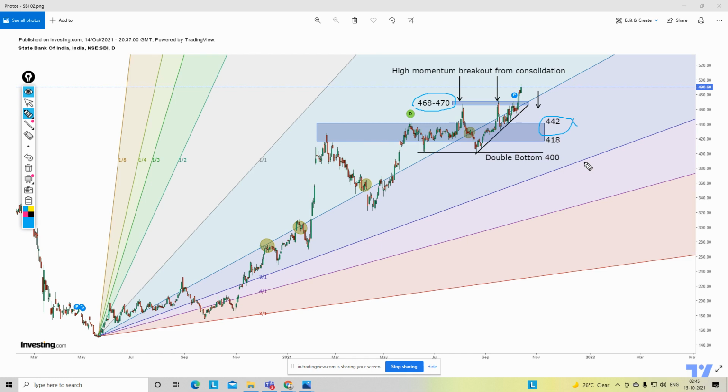But for investors, for buying on dips, these are the levels you should keep an eye on: 468 to 470, 442, 418, 400, and from current closing till here it is as good as approximately 18%. So with respect to this structure, we have got a good opportunity for people who missed SBI. There is a good opportunity available even at this place. So that is the whole objective of making the video.